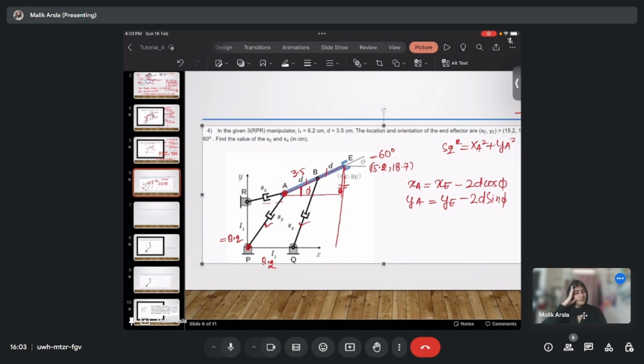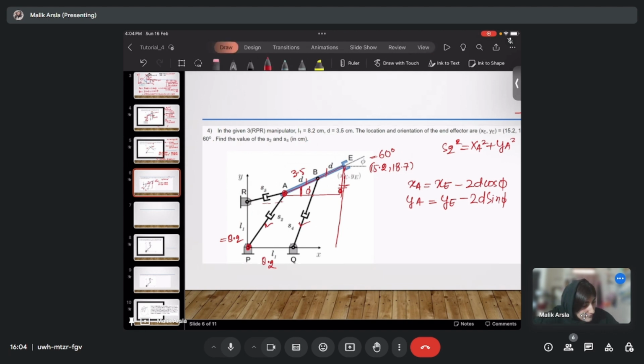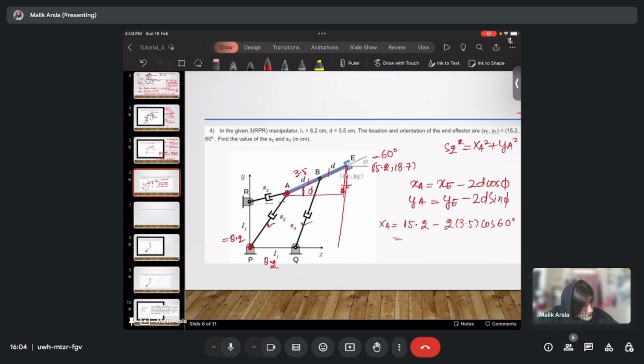So xa will be equal to 15.2 minus 2 into 3.5 cos of 60 degrees.